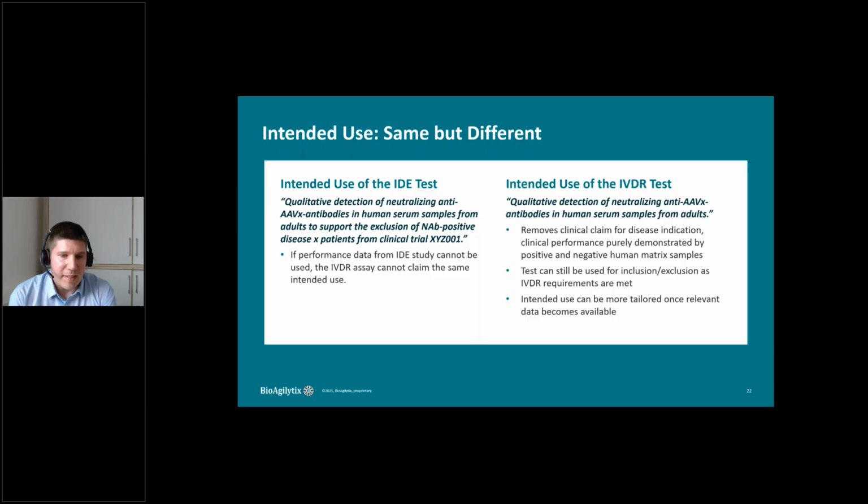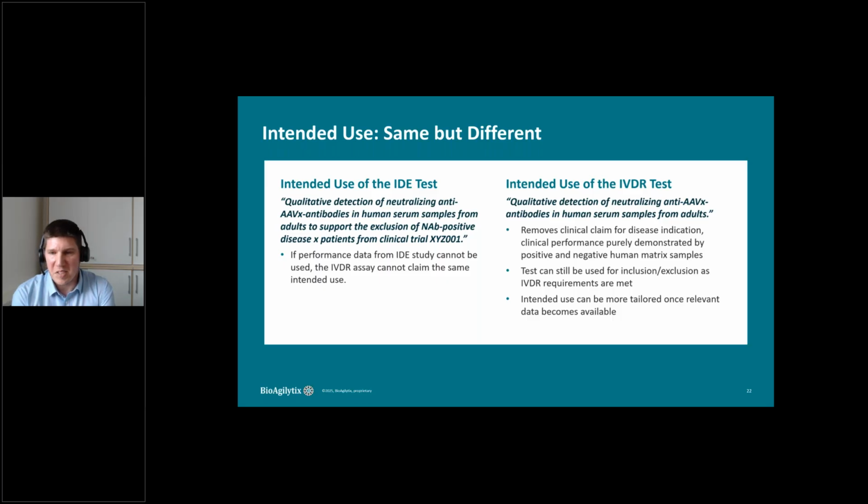The problem is that we cannot just take over that intended use for the IVDR test, as at this stage there is no performance data to support that these claims can be made, as there have not been any patients to support that.